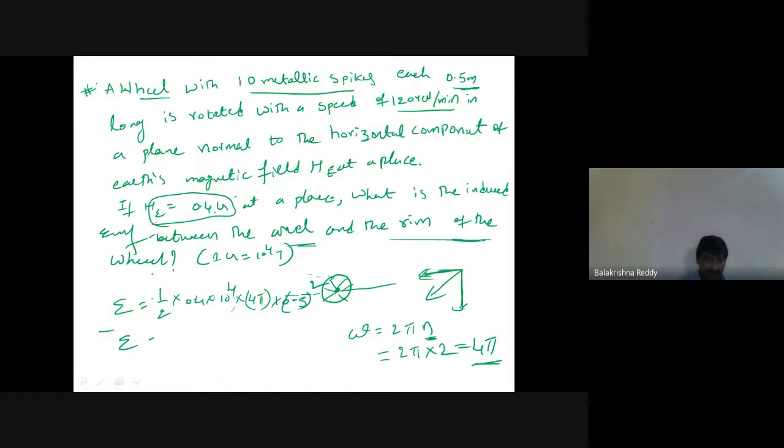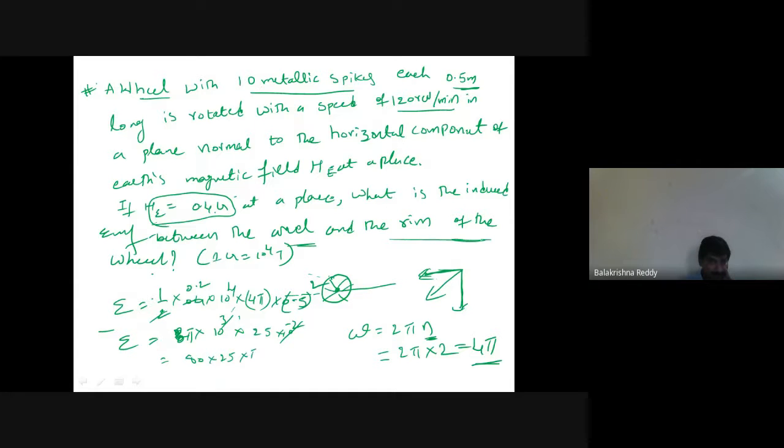Then what is the EMF? 2 into 4 is 8, then 10 to the power of minus 4, and 0.5 into 0.5 gives 25 into 10 to the power of minus 2. So it can be given as 80 into 25.